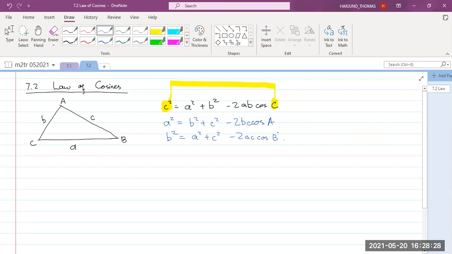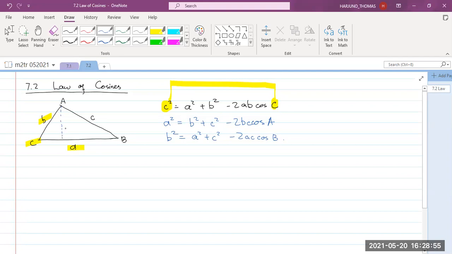Okay, but why is the formula like that? Let's take a look. Suppose all we know are side B, side A, and angle C. The simplest way to show the work here is to draw an altitude.